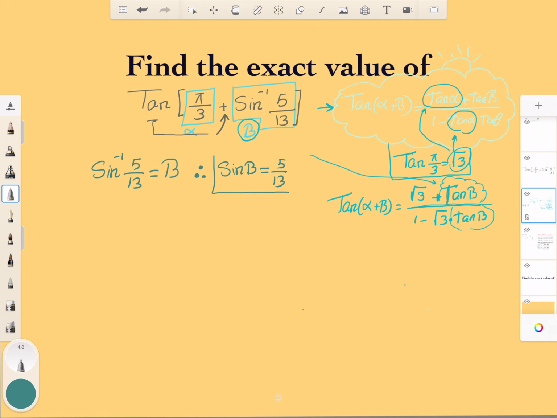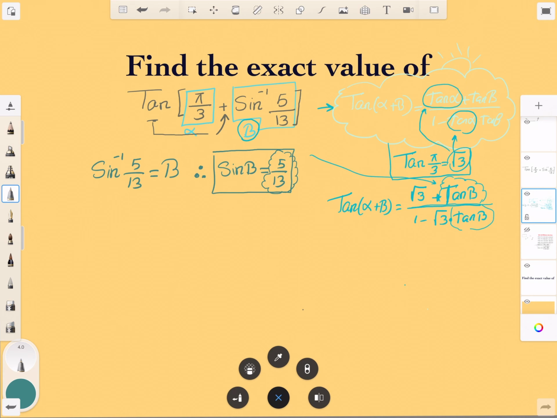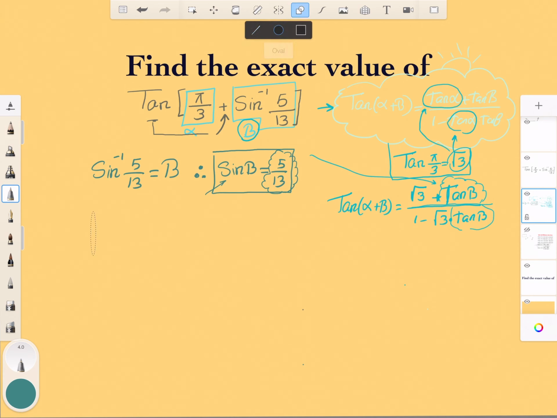So we have the value of sine at angle beta is 5 over 13. And 5 over 13 is not something that you have in your unit circle. So how do we get tangent of beta from sine of beta? We need to draw a circle and apply the Pythagorean theorem to the triangle.